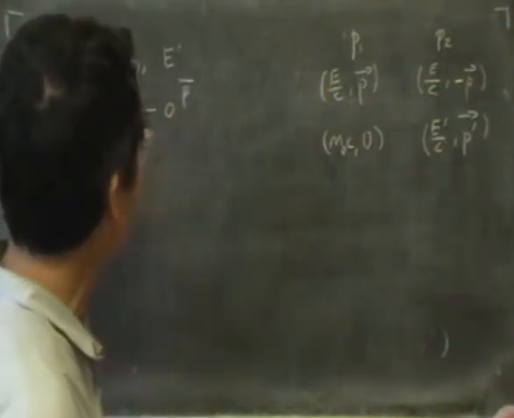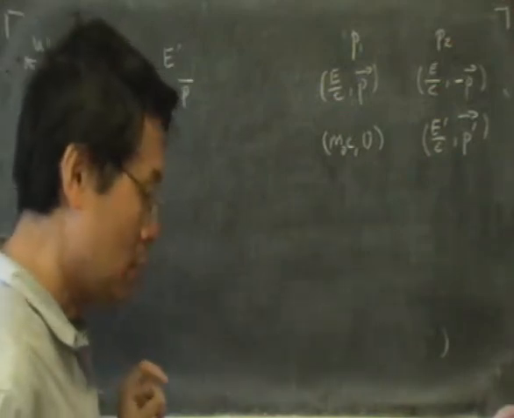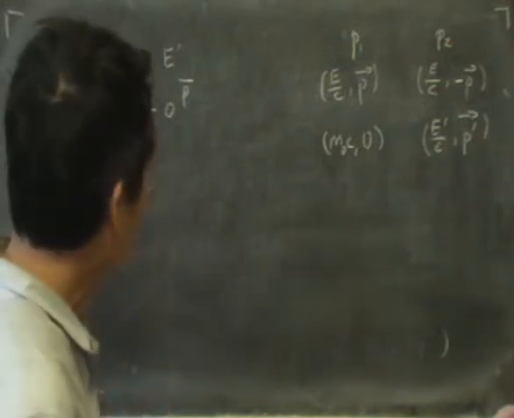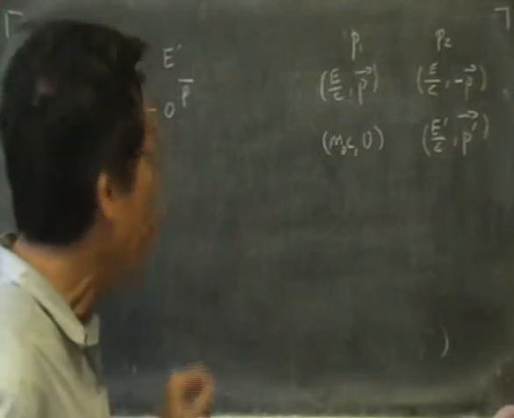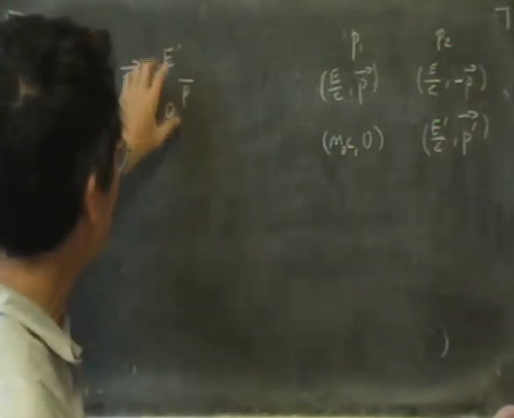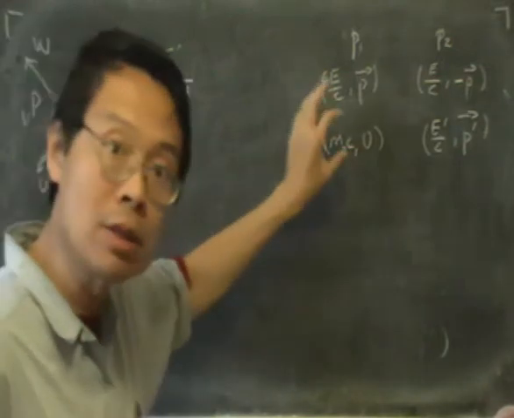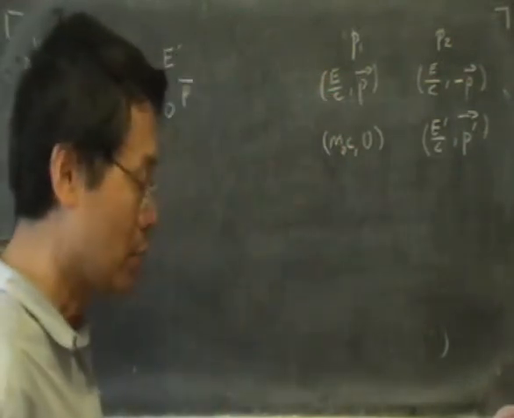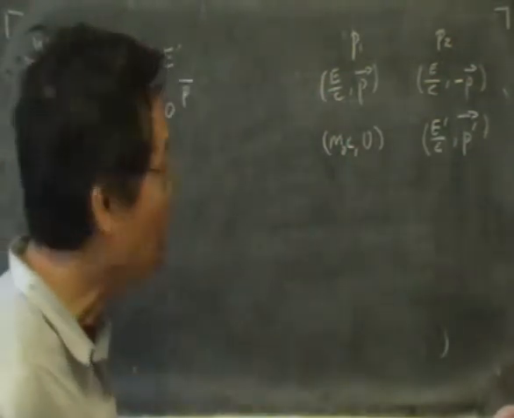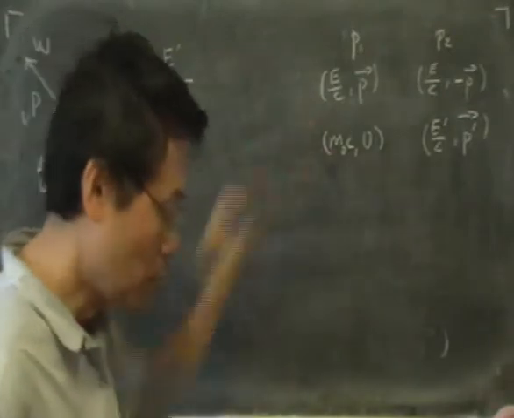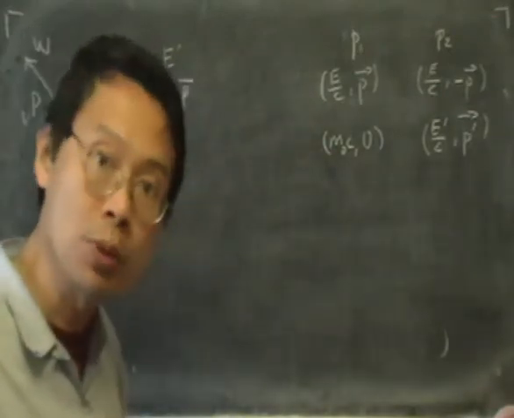So to find out how much is needed in this frame, the way to do it is to relate E prime, the energy in this fixed target frame, to the energy in the center of mass frame.